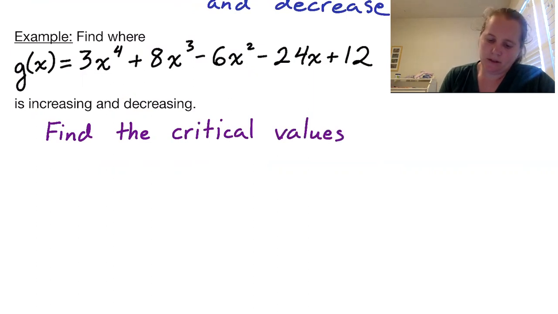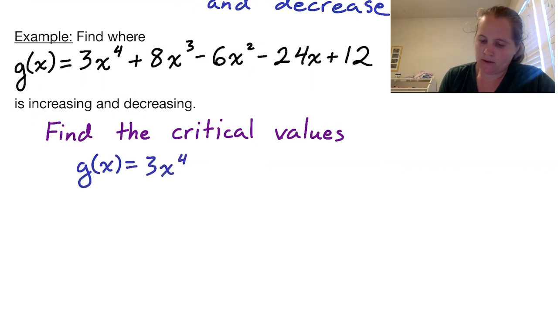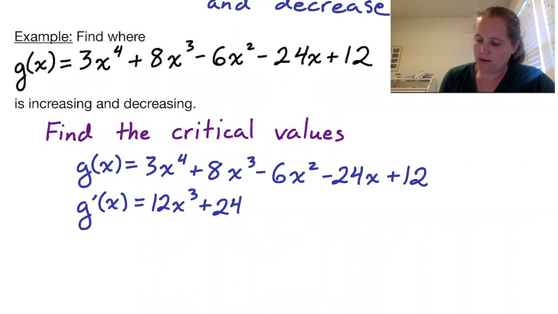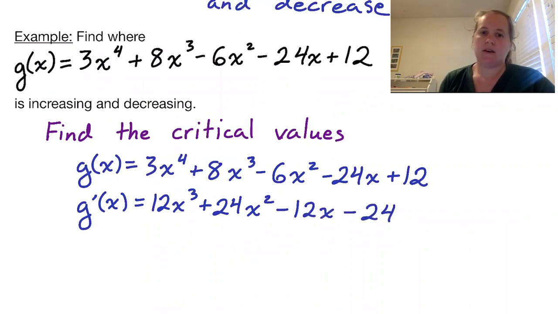So we are working with g of x is 3x to the fourth plus 8x cubed minus 6x squared minus 24x plus 12. So we would have that g prime of x is equal to 12x cubed plus 24x squared minus 12x minus 24. And then we want to figure out where this is equal to 0 or undefined.